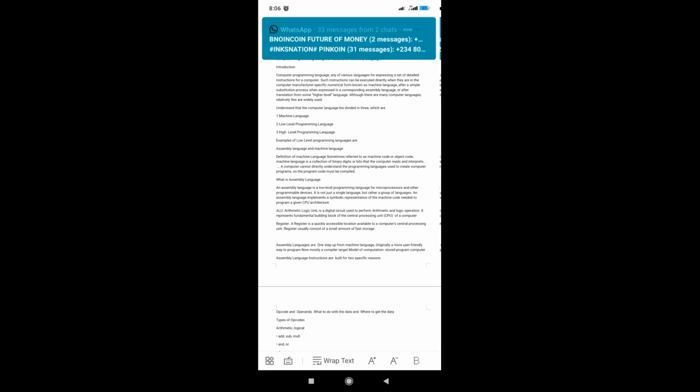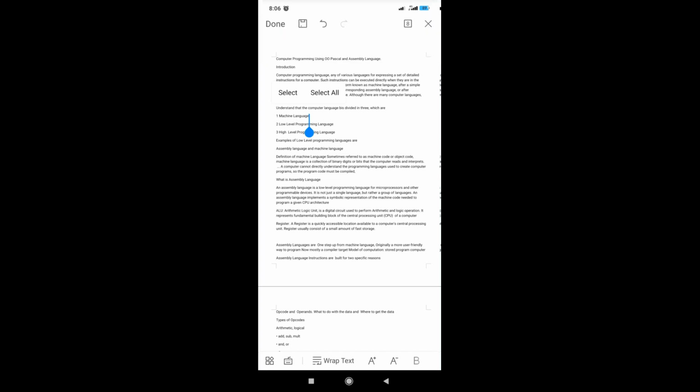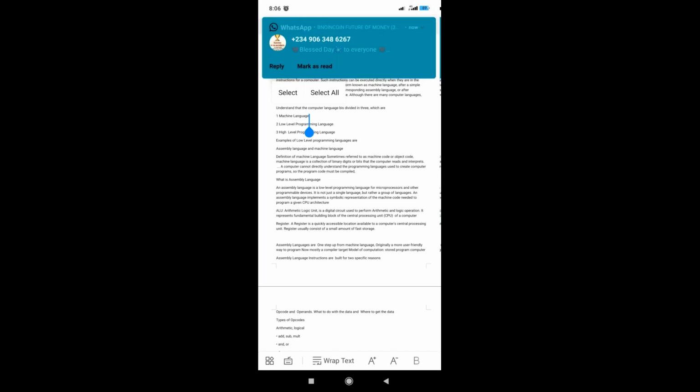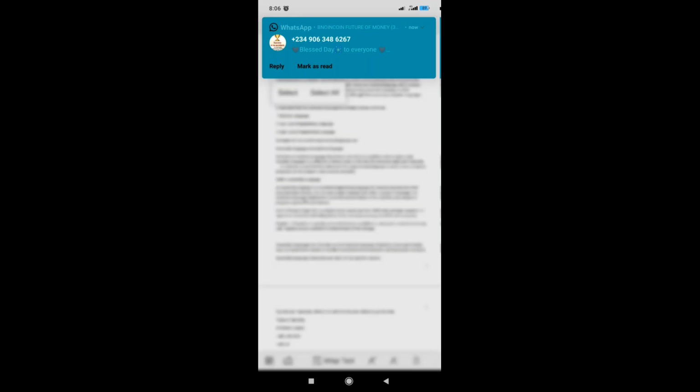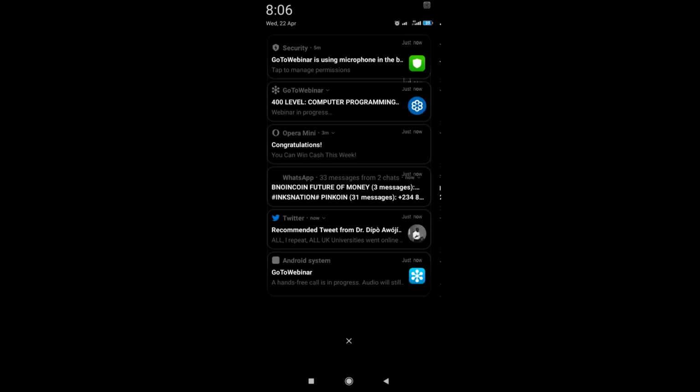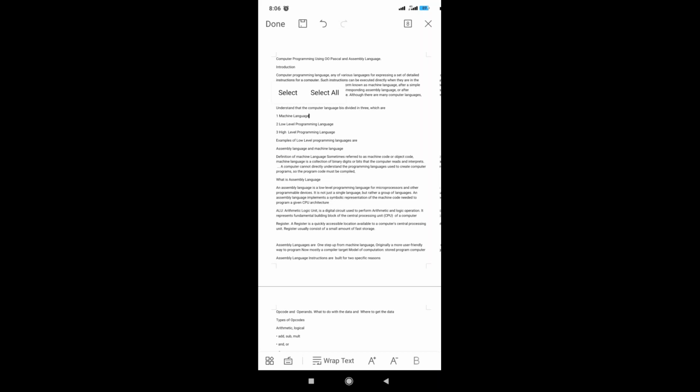That is what the system understands. Once what you have inputted has been transformed, once it has been interpreted, the system will be able to execute it.